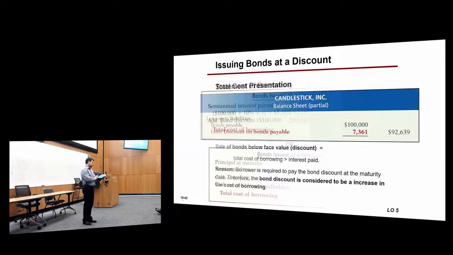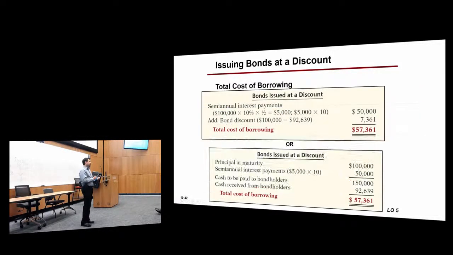Now, this is one way. Those are two different ways of calculating the cost of borrowing. How do you calculate the cost of borrowing? The first method is where you have the semi-annual payments. You're calculating interest, and you add to that the discount.